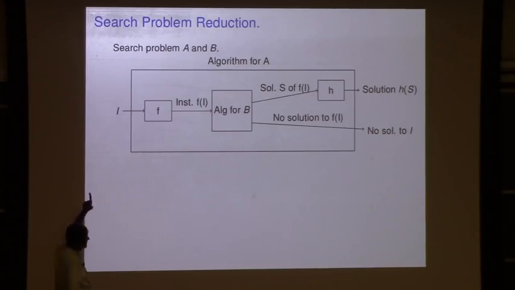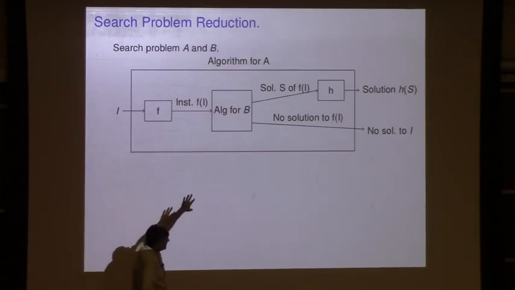That means if I have an input for algorithm A, I can translate it using this function into an instance, a valid input for the subroutine or algorithm for B. And now B answers two things.